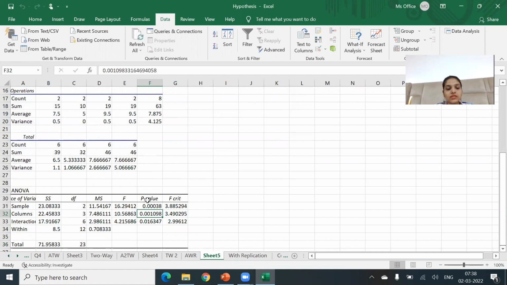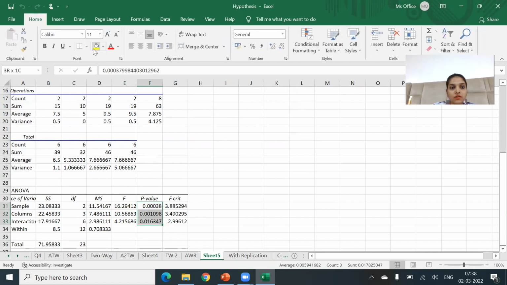And here you can see all p-values are less than the level of significance. Hence, all my 3 null hypotheses have been rejected.